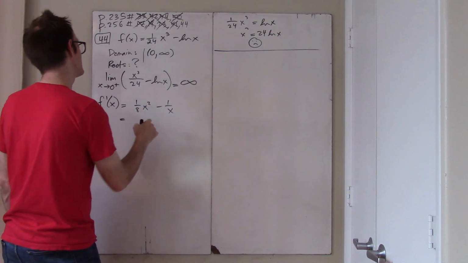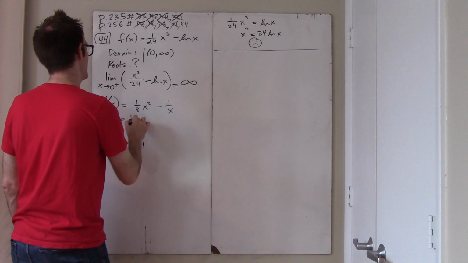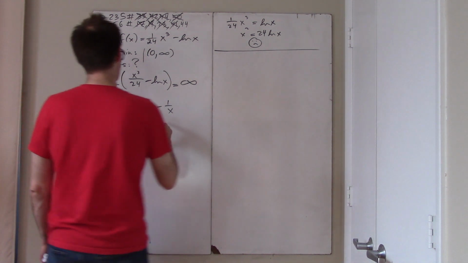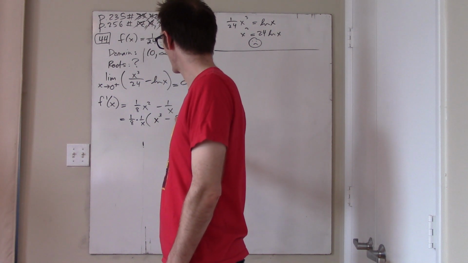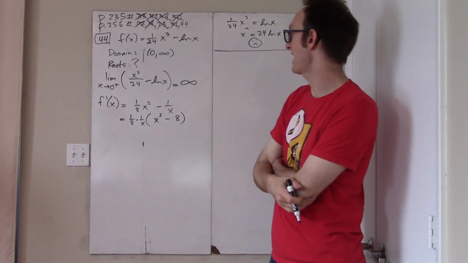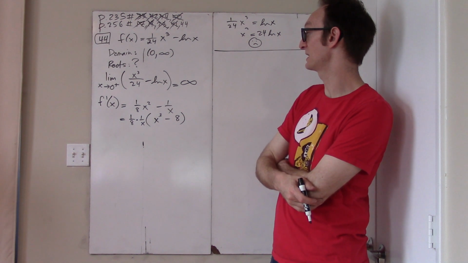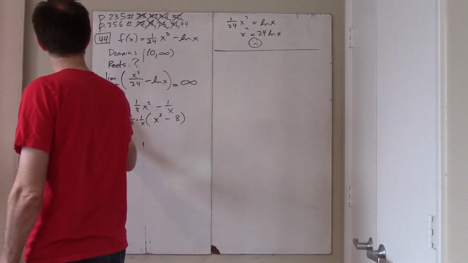If I take out 1/8 and also 1/x, then I'm left with x cubed minus 8. I think I did that correctly. And that's definitely worth doing.